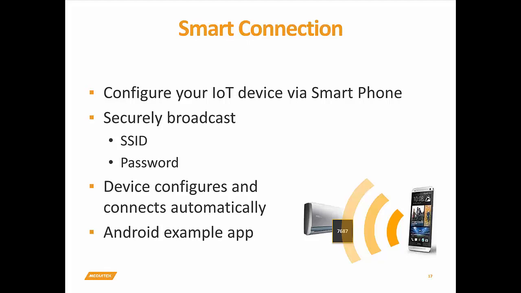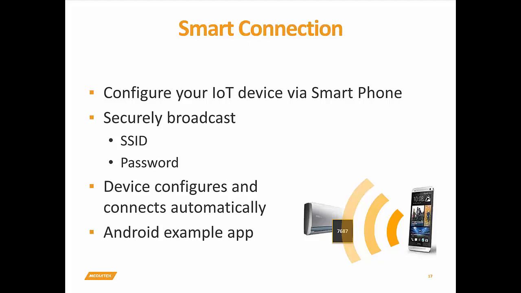So you would go into your app and enter the SSID and the password of the Wi-Fi network you want the device to connect to, and then you press a button and it will broadcast this SSID and the password. The devices around, like the 7687, will be able to pick that up securely and set it up for the device itself, and from then on connect directly to the Wi-Fi network.